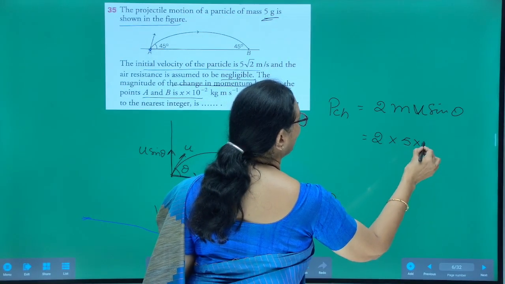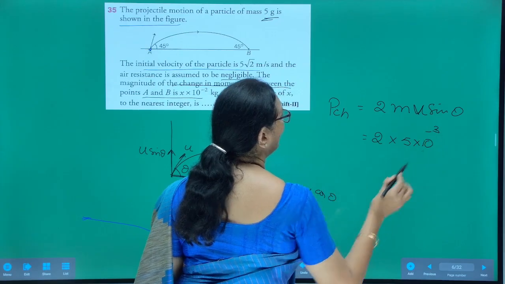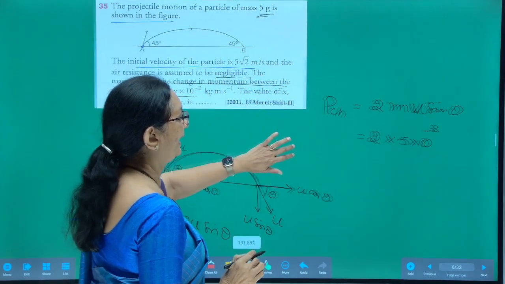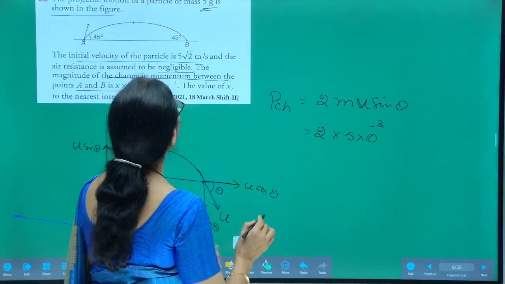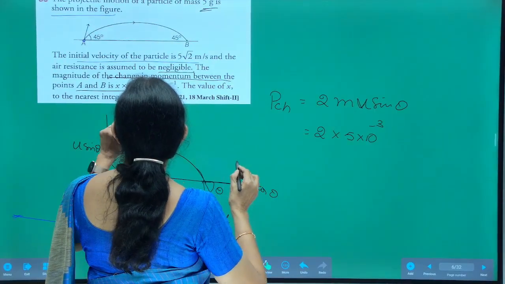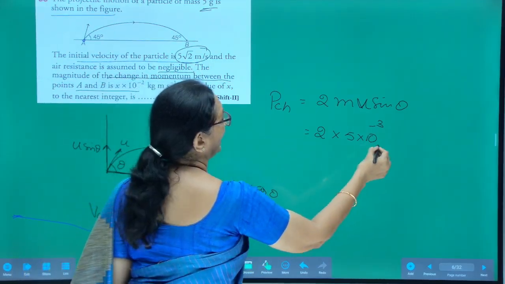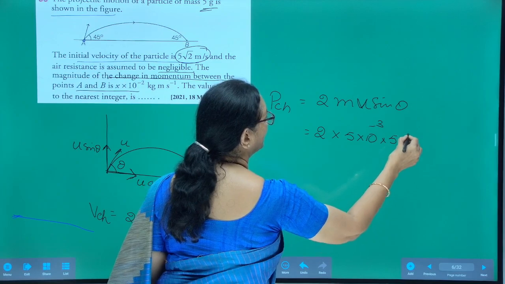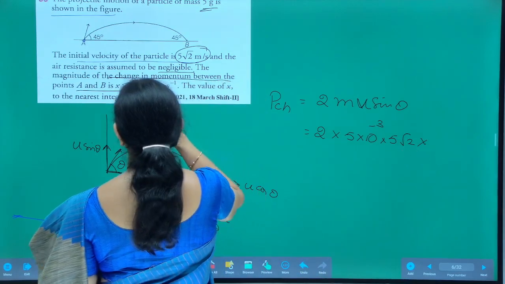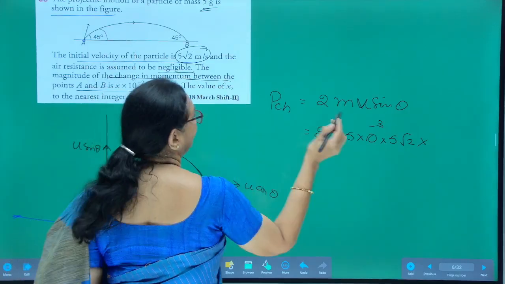Here mass is given as 5 grams. If you want to convert gram to kg, 10 power minus 3. And velocity, what is velocity given? 5 root 2. Here velocity is given as 5 root 2 and theta is given as 45 degrees.